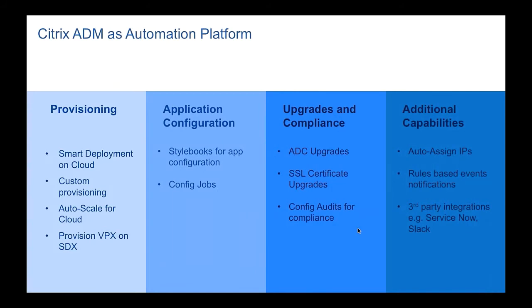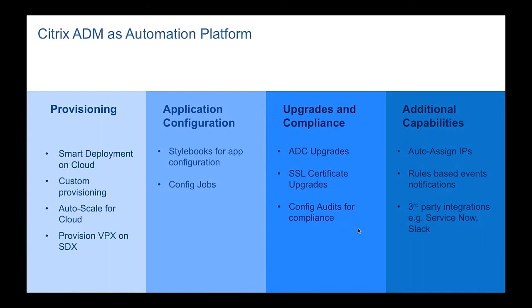This brings us to our last section where we showcase how our own Citrix ADM can act as an automation control point to your entire infrastructure. ADM provides a host of capabilities as we see here. We are not going to go into details of each of these as this is covered in a separate session that also has demos for the different features that we see here.